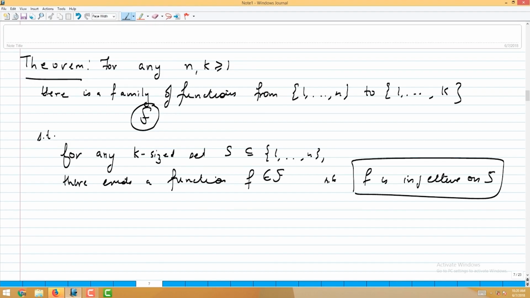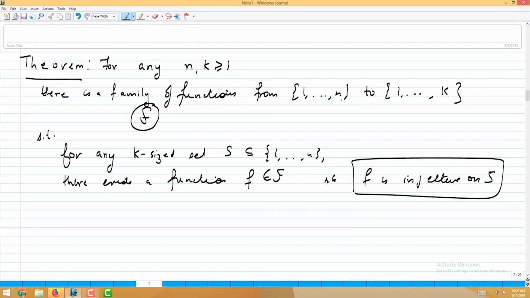Here when I say vertices, you can imagine these numbers 1 to n as being vertices v1 to vn, and these 1 to k as being the colors which are being given to these vertices, right? So you can always find a function that is injective on any given set S, right? So can you always find such a family of functions?